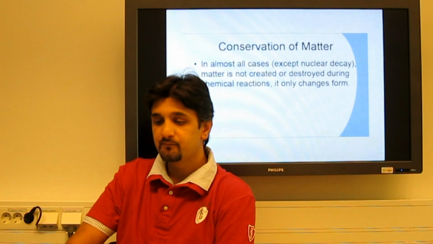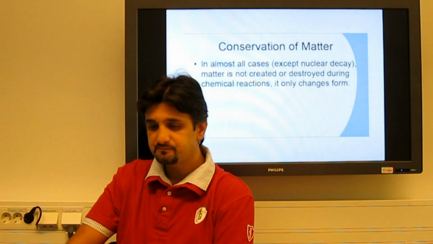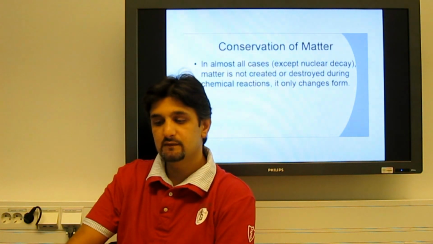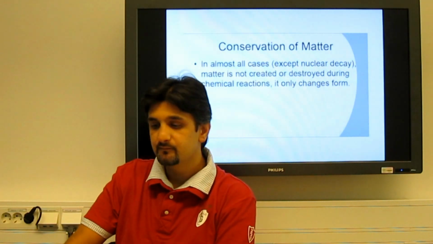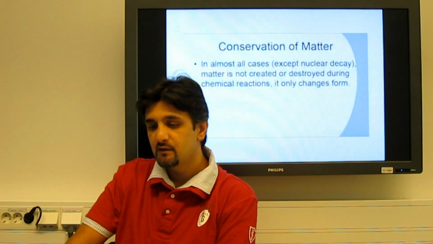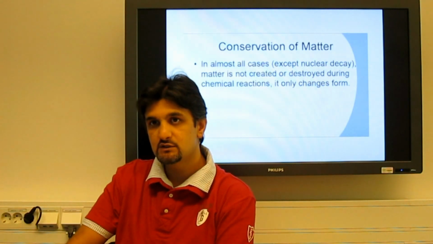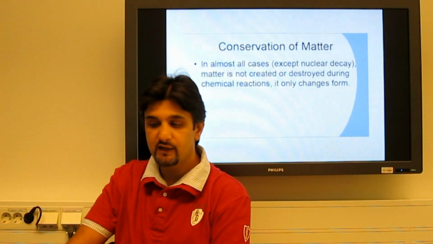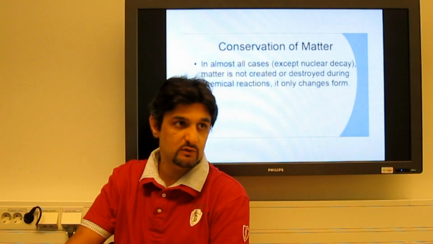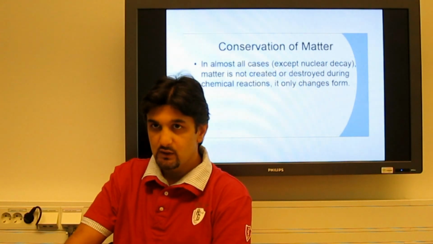We've got conservation of matter, in almost all cases except nuclear decay. Matter is not created or destroyed during a chemical reaction. It only changes form. So this is one of the laws that we're going to work on.